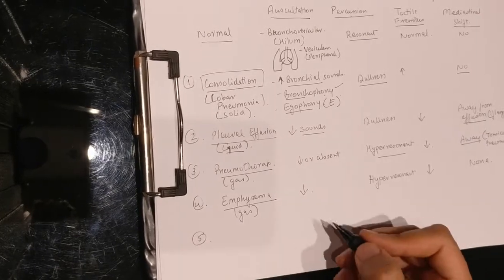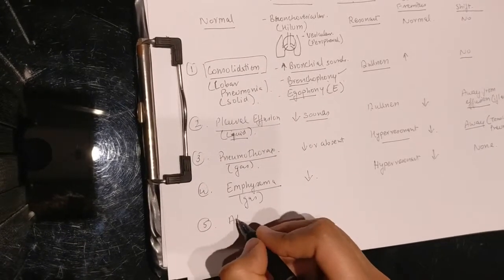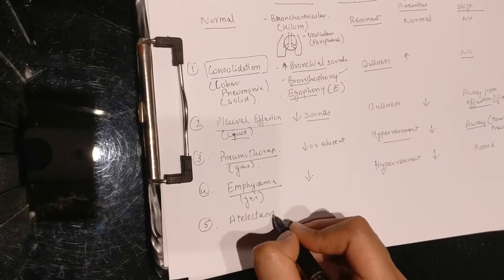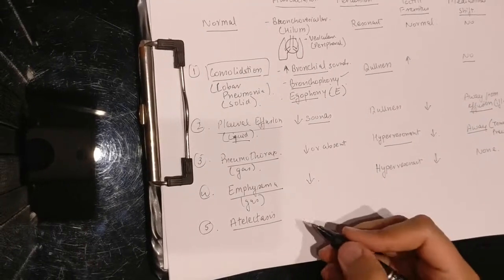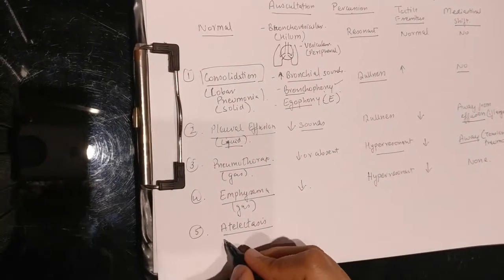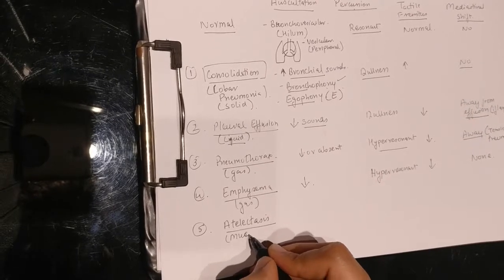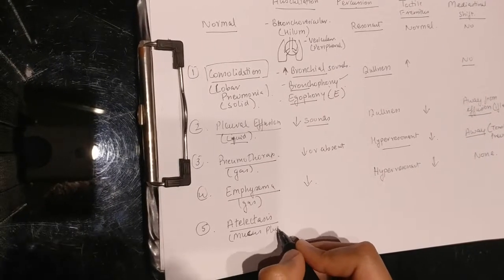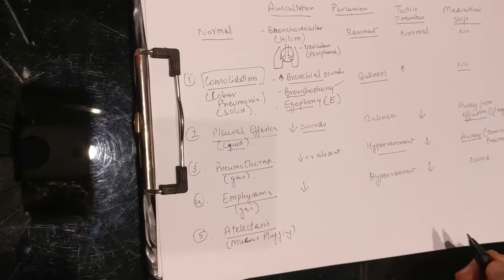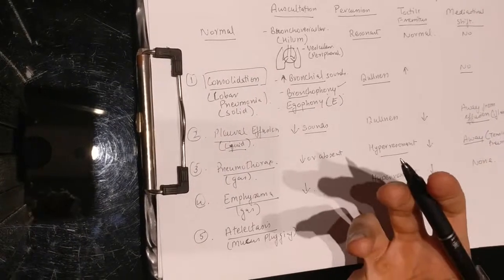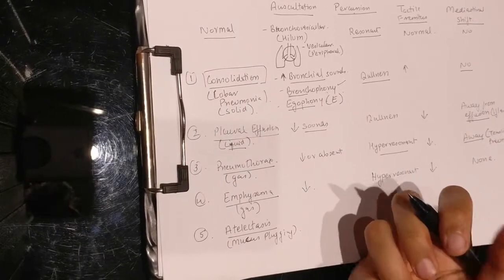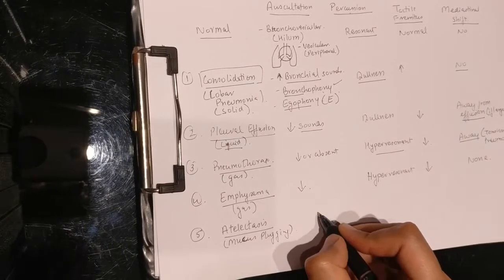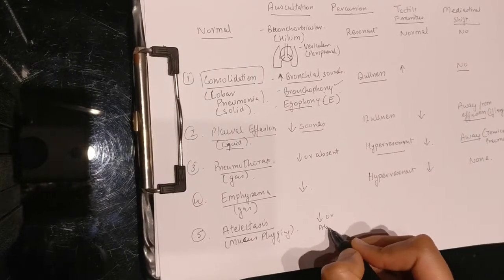The last condition is atelectasis. Atelectasis has many reasons. Mucus plugging is one of the important reasons, where we see there's a collapse of the lung, and if there's a collapse of the lung, the auscultation would be decreased or absent.